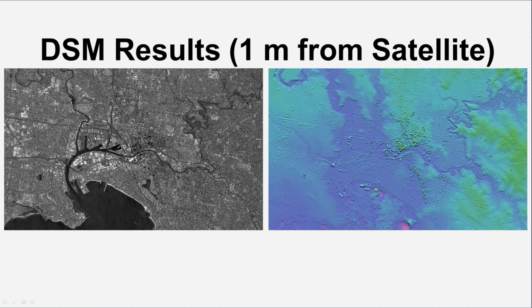And finally, this is a DSM result from this satellite imagery, processed to create this type of normalized DSM that we're seeing over here.